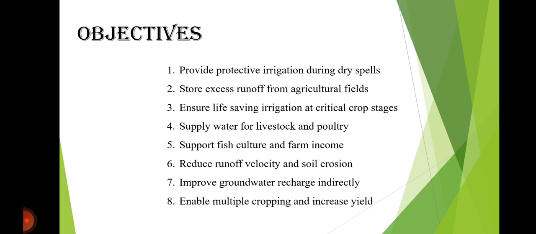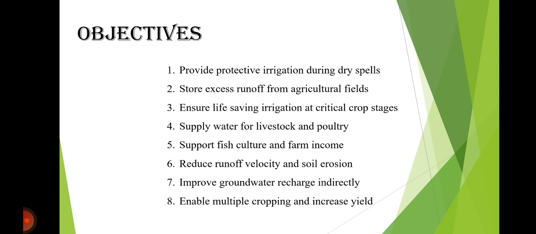So the primary objective of a farm pond is to conserve and efficiently utilize water resources for improving agricultural productivity and ensuring sustainable farming practices. It also provides protective irrigation during dry spells, stores excess runoff from agricultural fields, and ensures life-saving irrigation at critical crop stages.